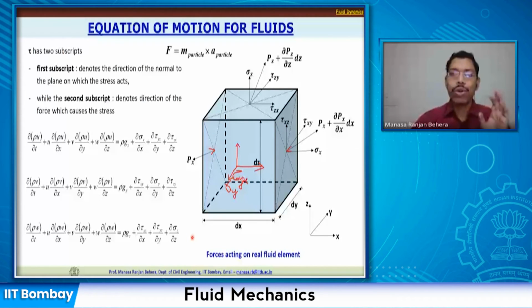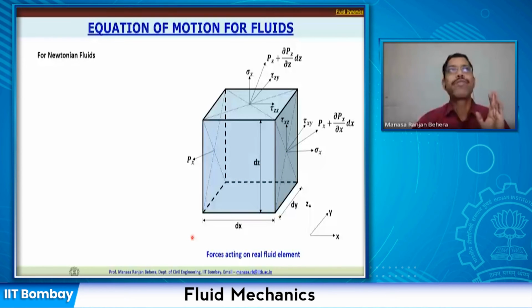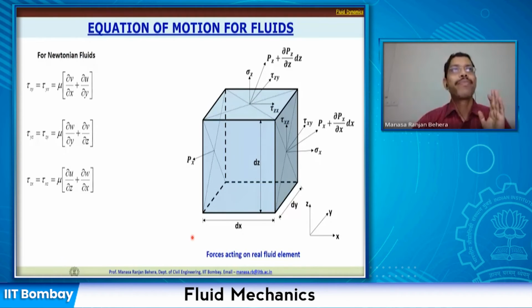Okay, so considering this is a Newtonian fluid, now if we write down the expressions for the shear stress tau, which you know already, let us say tau yx. Okay, so in all three different directions, tau xy or tau yx, as I said, they will be opposing, so they are going to be the same.